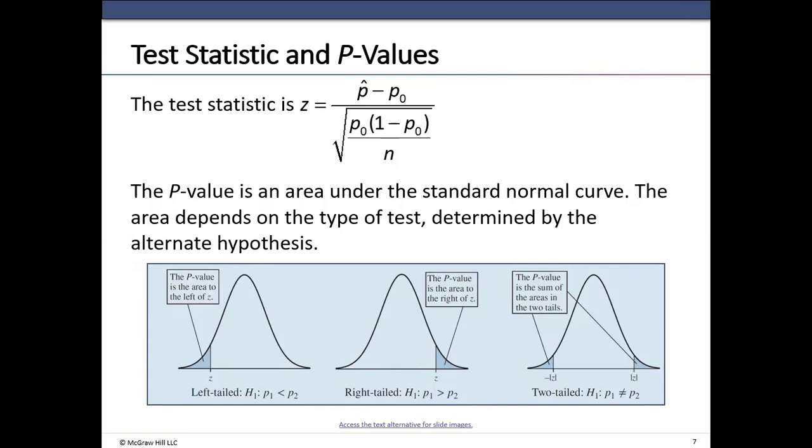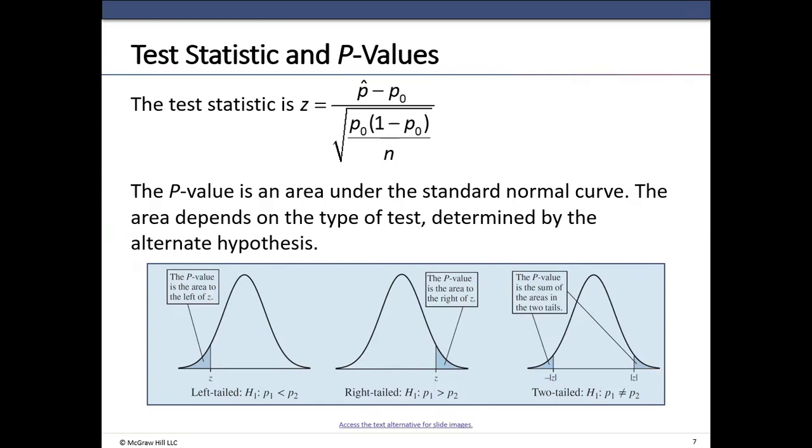So basically, z tells us how many standard deviations away from p0 p hat is located. If p hat is greater than p0, we'll get a positive value of z. How many standard deviations above the hypothesized value of p0? If z is negative, how many standard deviations below the hypothesized value of p0?